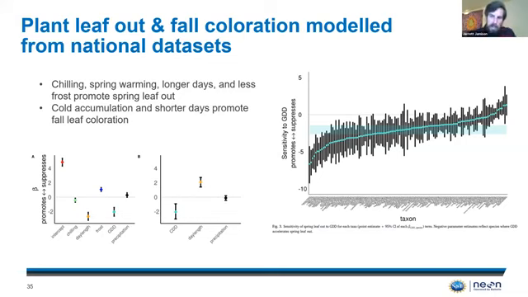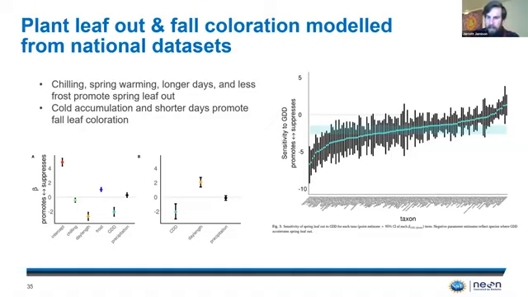Positive coefficients, so above the line, indicate climate forcing variables that prolong the initial state, i.e. leafless state for spring, green leaf state for fall, and therefore delay the onset of the phenological transition.